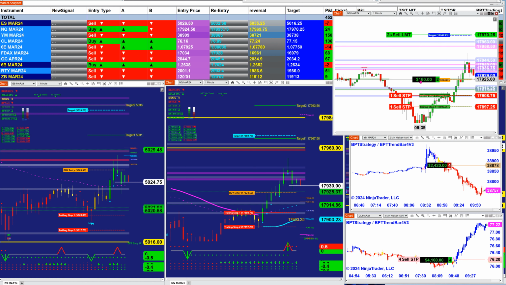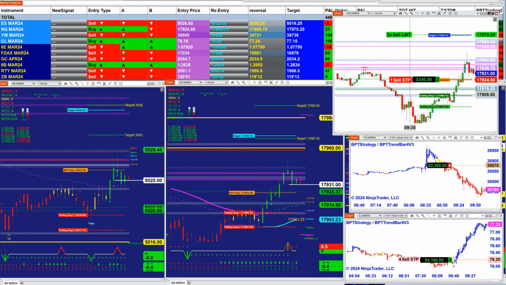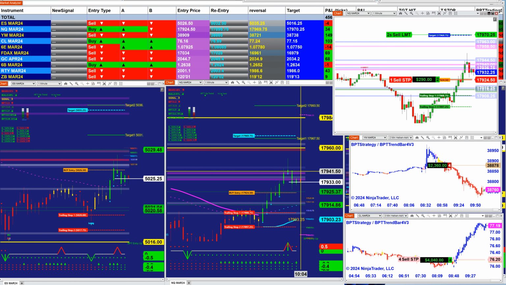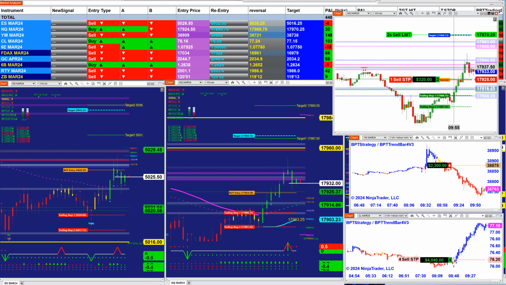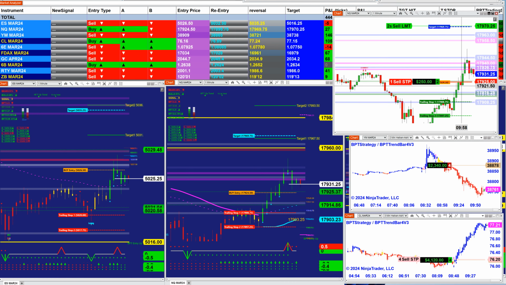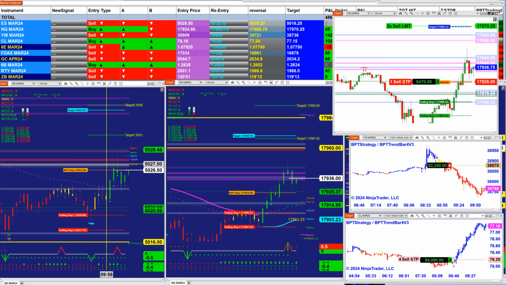So in those conditions, you don't override the auto trade and close the trade, only if you want to take a profit. But it is nice to break even, because this is a very unstable market, and there is a problem in this area here. So I'm not sure this Nasdaq is going to be able to break it if this ES is not able to break that area here.